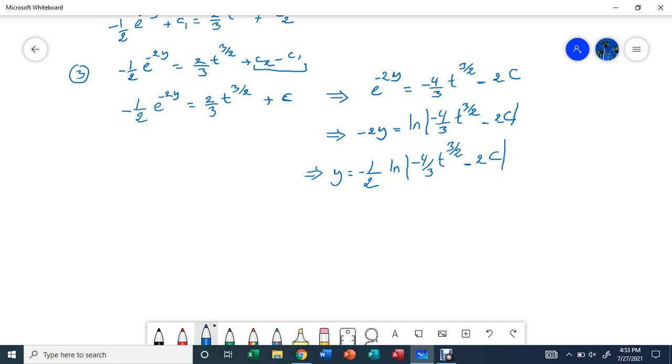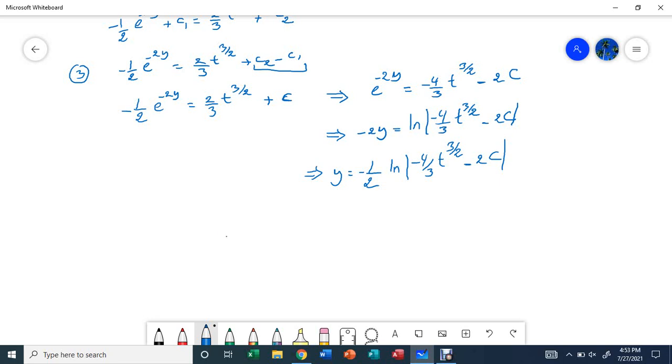So now I'm going to use the initial condition to find out what's the constant C. We are told y of 1 is 2.